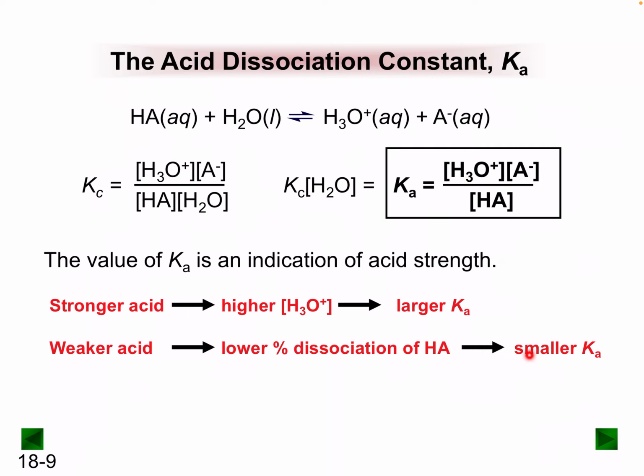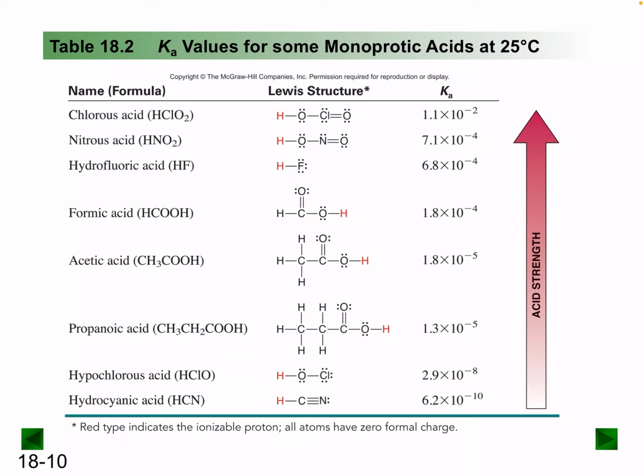A smaller Ka value means it is a weaker acid. Comparing the weak acids, in weak acids also we can see what is a stronger weak acid and what is a weaker weak acid. Now here are some Ka values for some monoprotic acids.